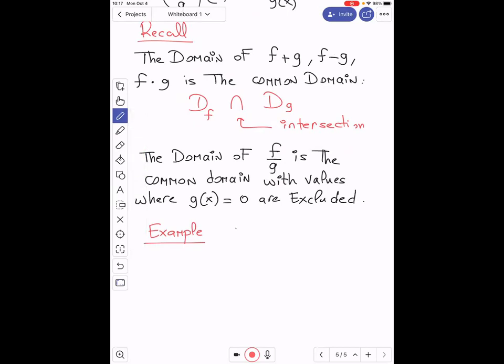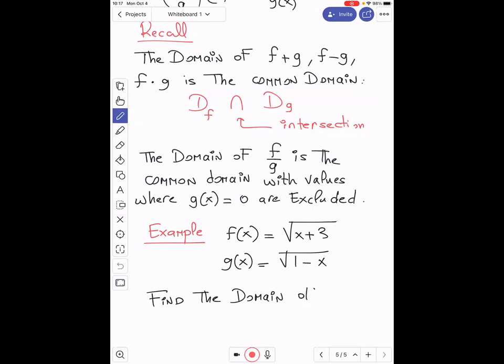Let's say my f of x is square root of x plus 2, g of x is square root of 1 minus x, and you want to find the domain of f plus g, f minus g, f times g, and f over g.